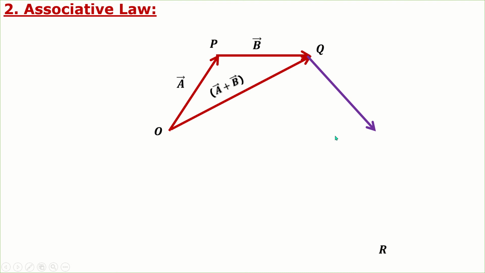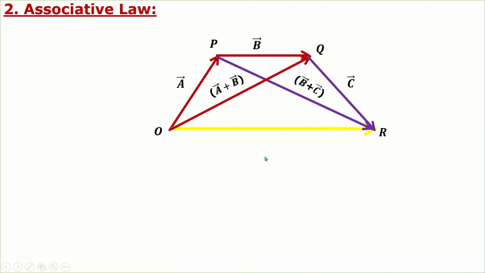And take another vector, that is C vector. Therefore PR vector means B vector plus C vector. In triangle PQR, by applying the triangle law, B vector plus C vector equals PR vector. So PR equals B vector plus C vector.